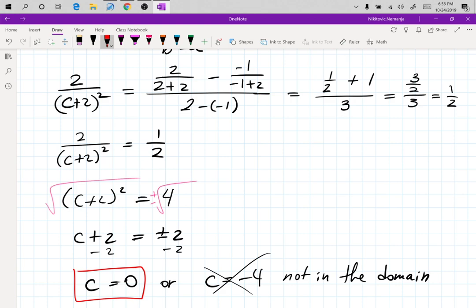And we make the conclusion that at C equals 0, which is x equals 0, we have instantaneous rate of change and average rate of change to be the same value. So that's where they match.